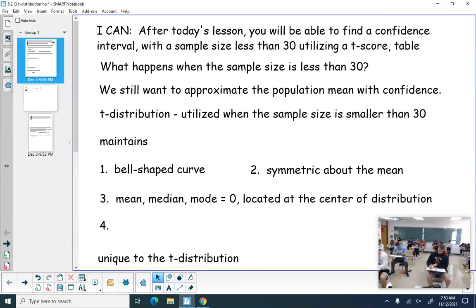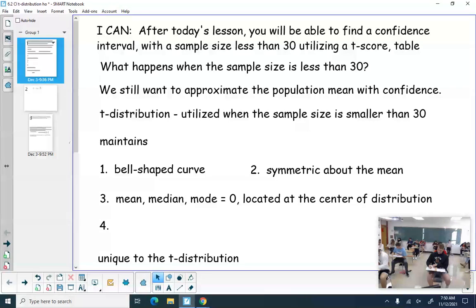It's still going to be symmetric about the mean, just like a normal bell-shaped distribution.